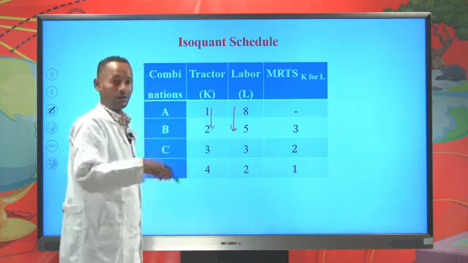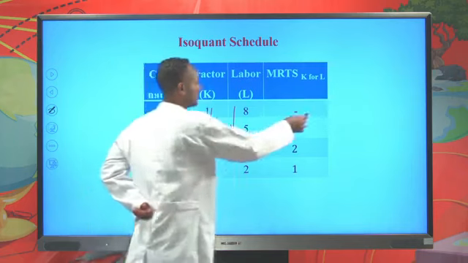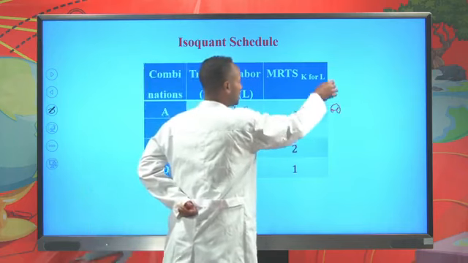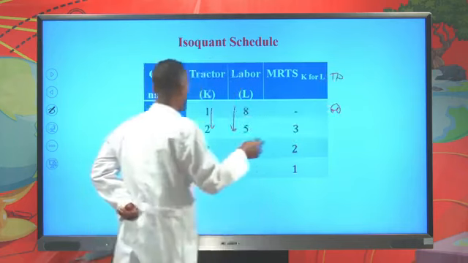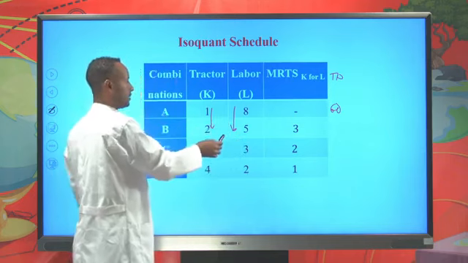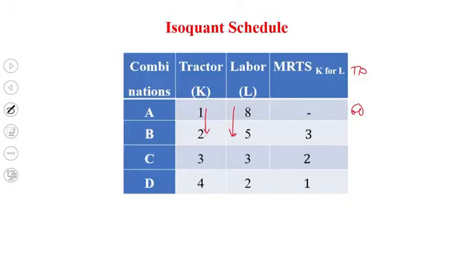For example, if the farmer gets 60 quintal of wheat output from one tractor and 8 labor, then the output that he gets from 2 tractor and 5 labor is also 60 quintal.